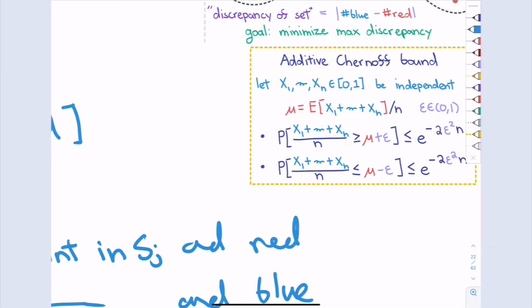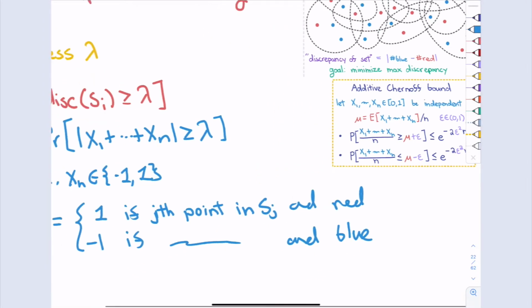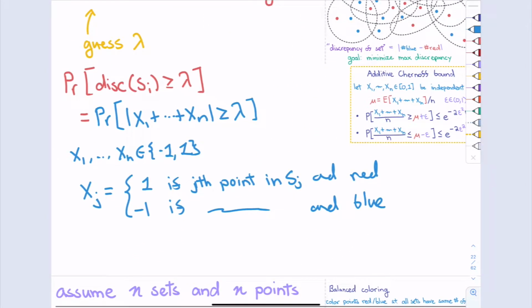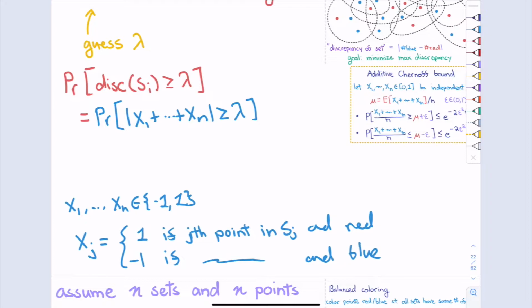The only real difference is that the range has a magnitude of 2 instead of 1, from -1 to 1. So we're off by a factor of 2, but that only changes the constant in the exponent, so it's not a big deal. To apply the additive Chernoff bound, we need some understanding of the expected value. What's the expected value of x1 plus up through xn?